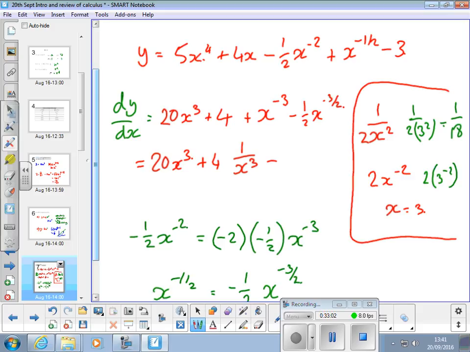Minus 1 over, we definitely want that, won't we? Remember what we said, where does the value of the root go, the square or the third? It goes to the denominator. So it's the square root of x cubed, and there's 2 lots of it, because that's half times it, isn't it? Yeah?